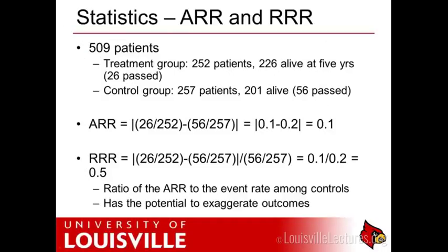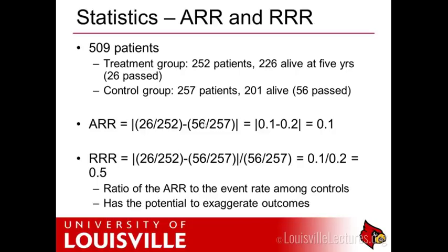So you have 509 patients in these two groups, and I made you do quite a few calculations to come at this result. When looking at mortality, what you want to do is look at the people that pass away in the different groups. So that's 26 out of 252 in the treatment group, and then 56 out of 257 in the control group. I tried to make the math pretty easy.